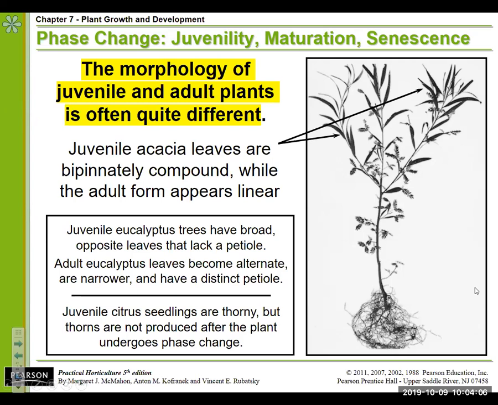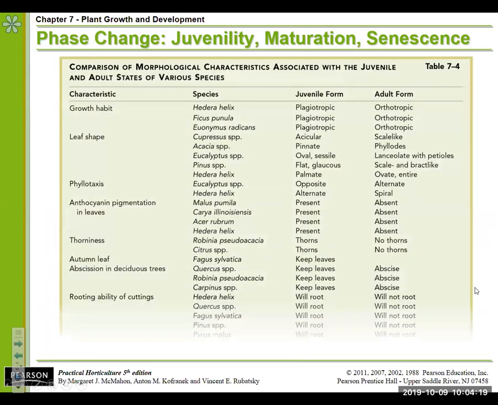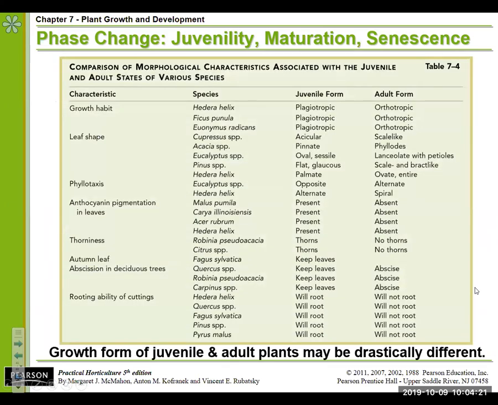And then once they're able to get above the height where they would be browsed upon, they no longer need to develop those protective organs in order to protect themselves. So they change.